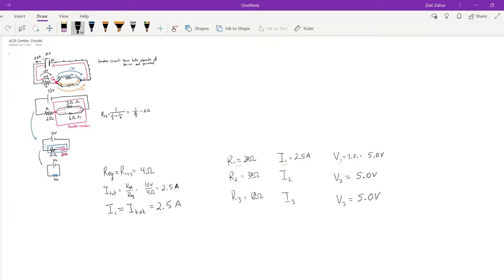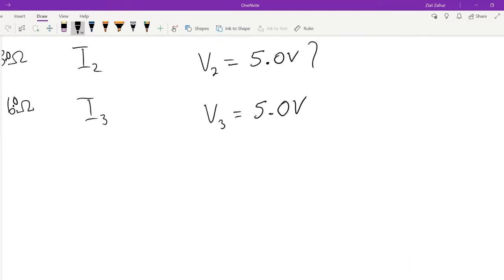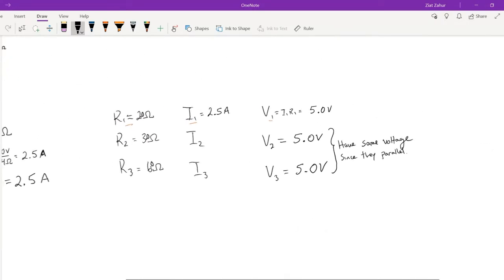Sometimes you'll see some coincidences, but this part is not a coincidence: V2 and V3 have to have the same voltage since they are parallel. All right. So we know that V2 and V3 have to be the same because 2 and 3 are parallel.